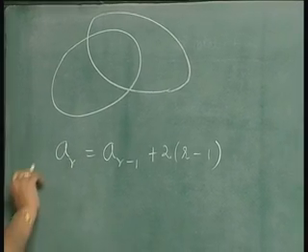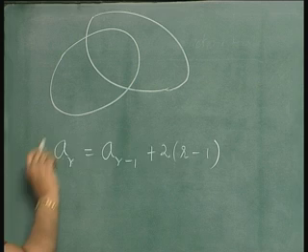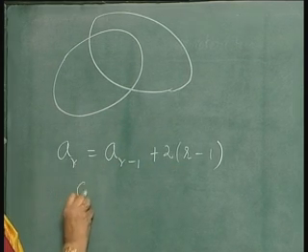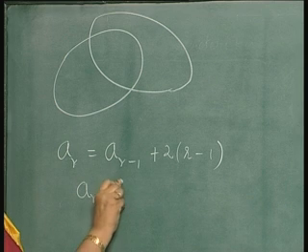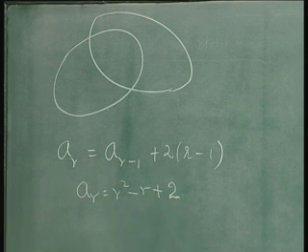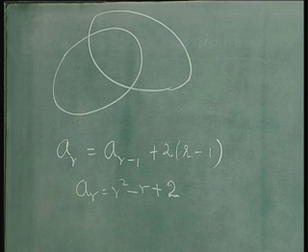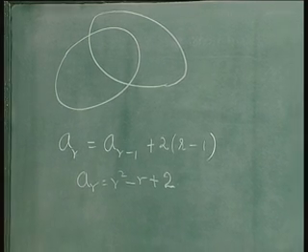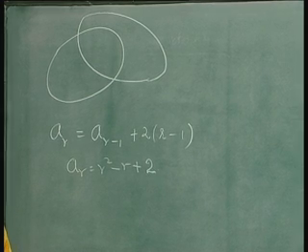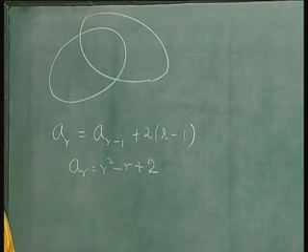And this is the recurrence relation. We obtained this recurrence relation in the last lecture, and the solution for this is a_r equals r squared minus r plus 2. This is the answer we got by making use of homogeneous solution and particular solution. Now, let us see whether we can get this by making use of the idea of a generating function.